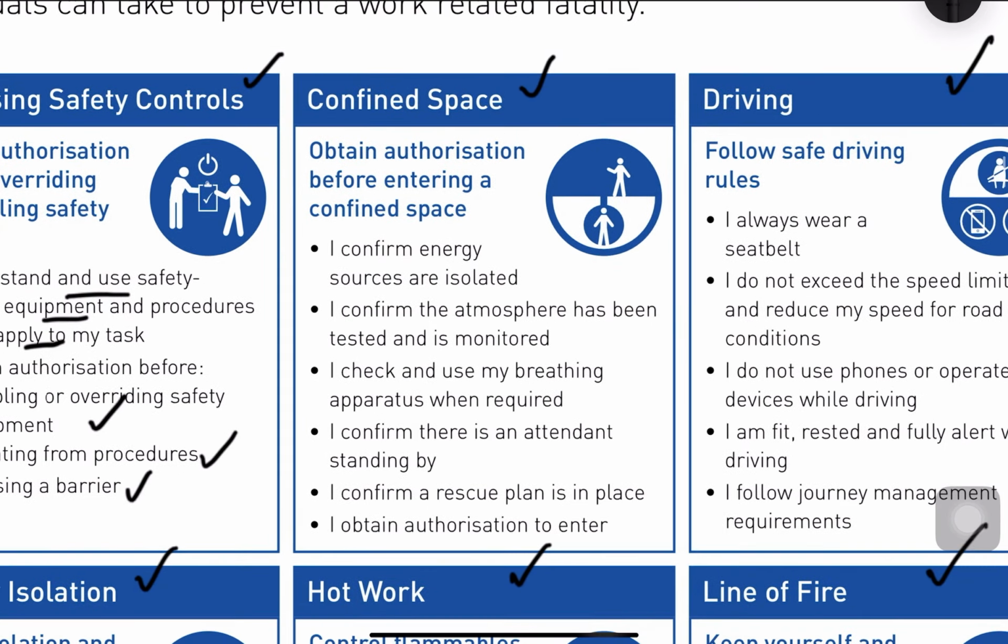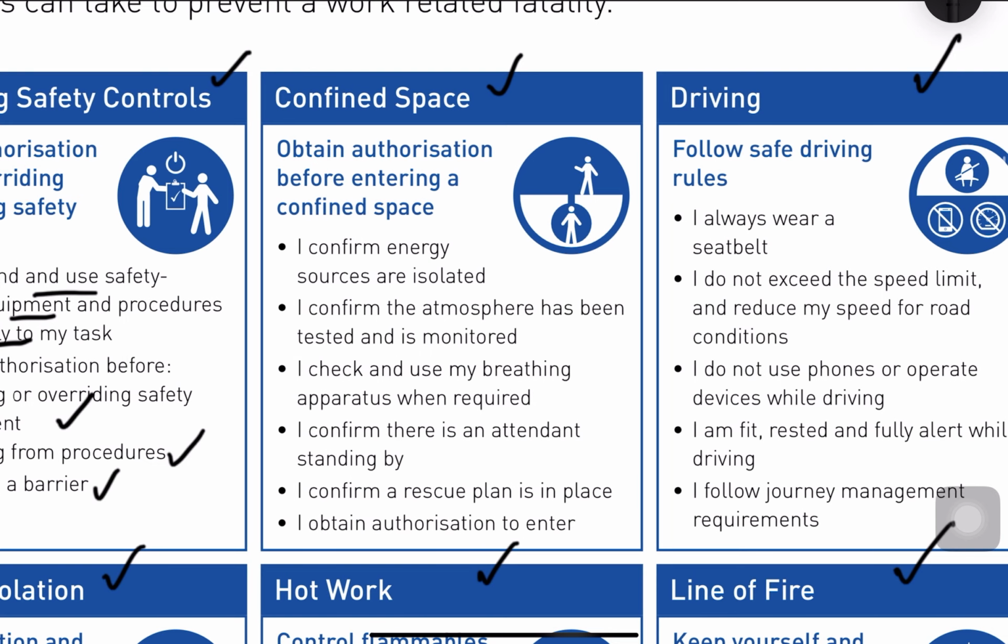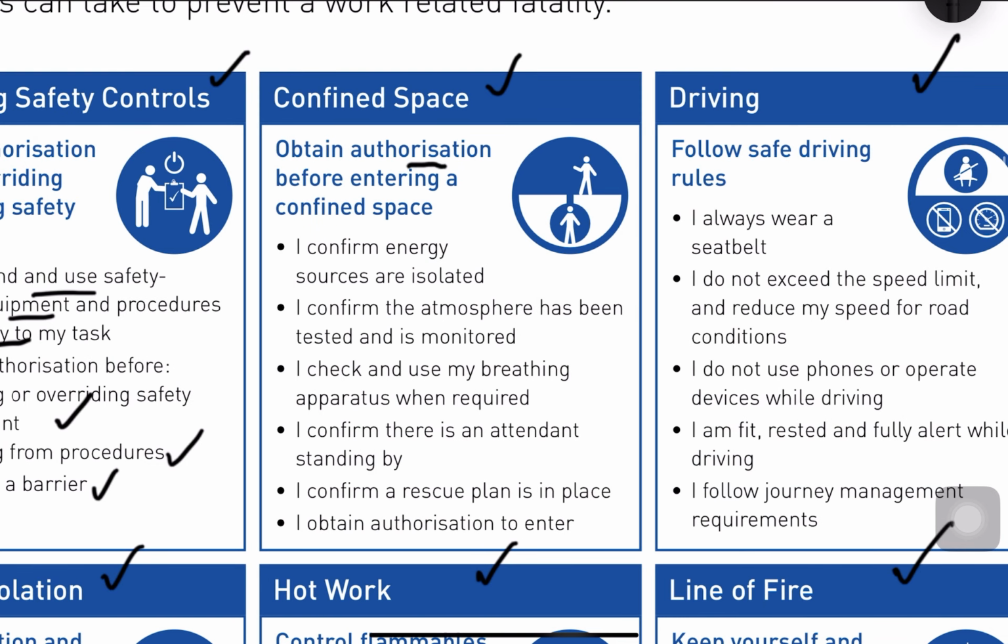In terms of confined space: obtain authorization before entering a confined space. I confirm energy sources are isolated. I confirm the atmosphere has been tested and monitored. So basically, we talk about gas testing, and this is more towards lock out, tag out.